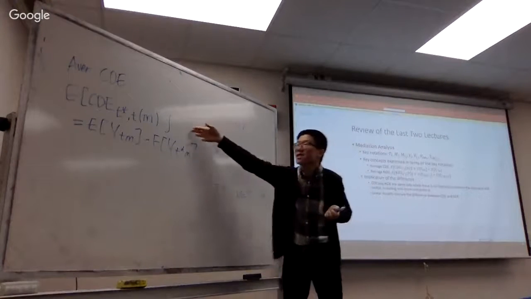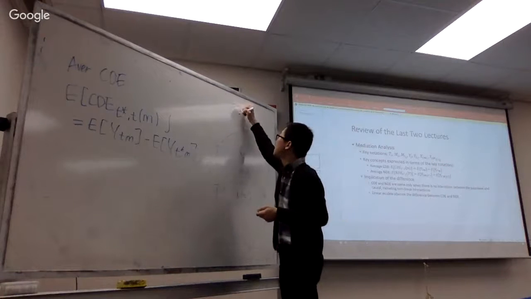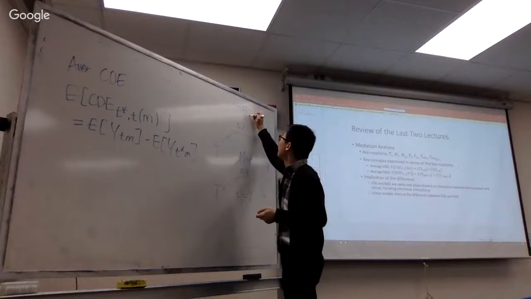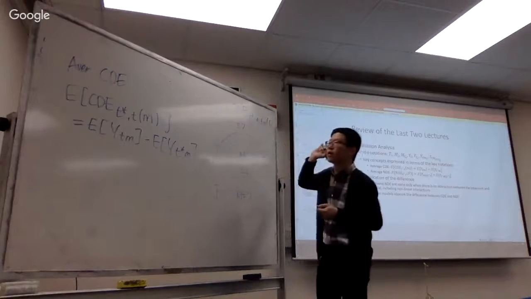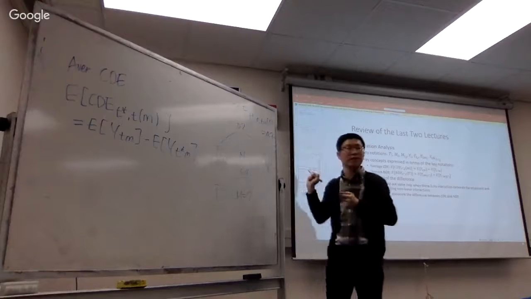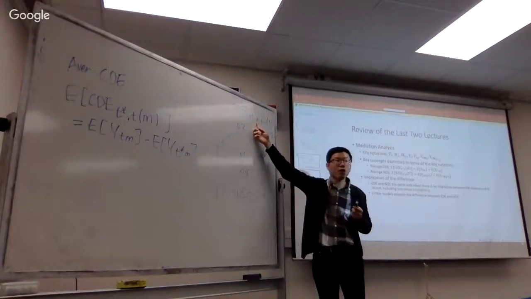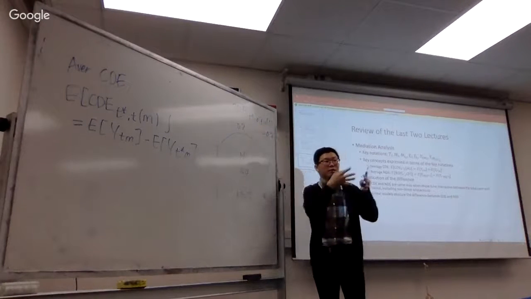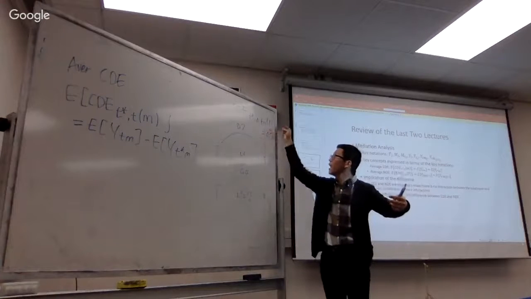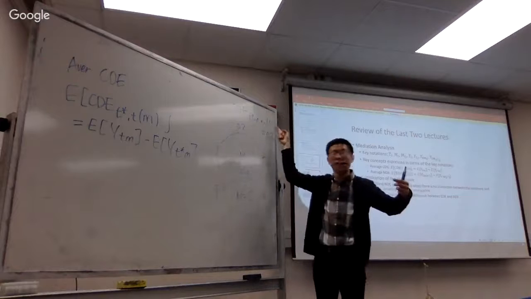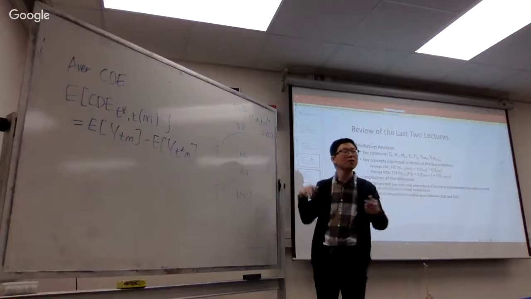The CDE in this case would be 0.2 when m is 1, right? You are switching from 0 to 1 in terms of the treatment, which means that you are treating this person. And when m is 1, then the effect is 0.2. Does that make sense?